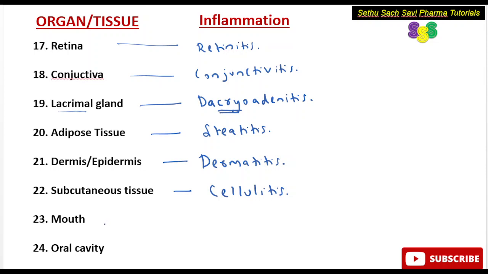Now coming to the inflammation of mouth and oral cavity, both are called stomatitis. Remember, stomatitis is not the inflammation of stomach. Inflammation of stomach is called gastritis, whereas the inflammation of mouth and oral cavity is called stomatitis.